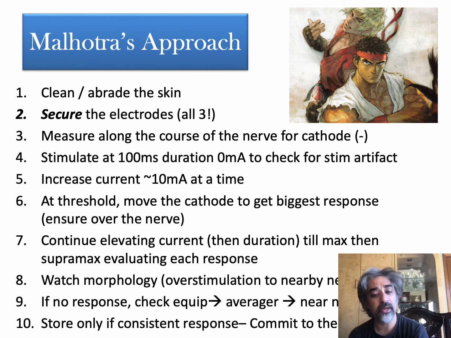If it's a SNAP, you could consider using averaging. They also suggest you could use near nerve needle electrode stimulation. I have done that very rarely. And store the waveform and commit to that waveform once you feel that you've got a consistent supramaximal response.